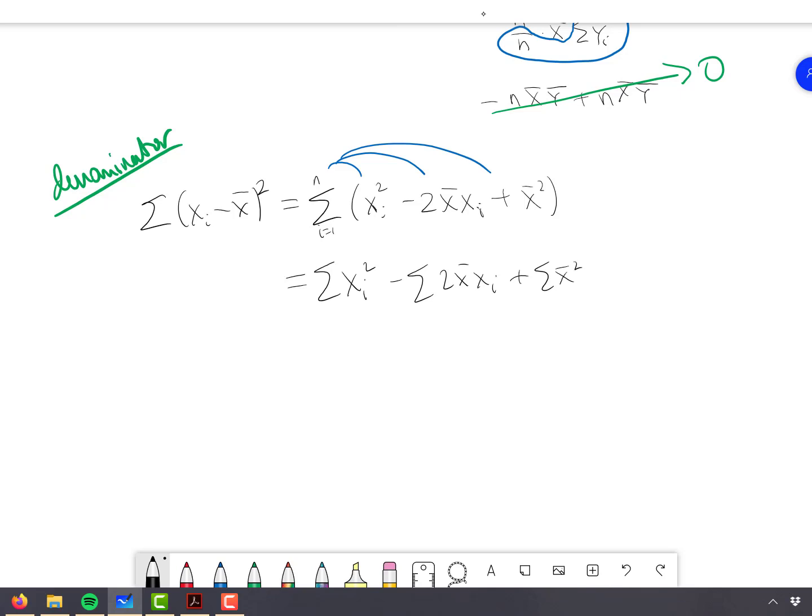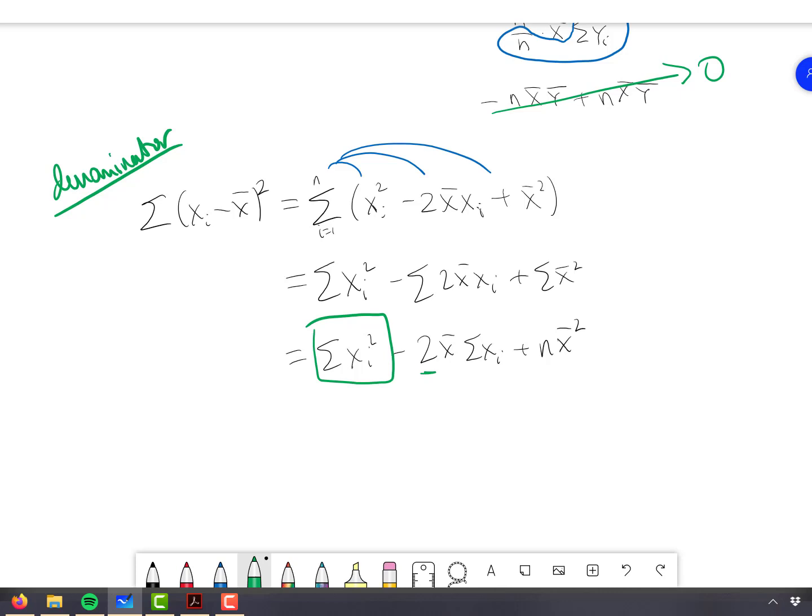Again, we can note that with our constant terms, we can do a little simplifying magic here, where we still have that sum of xi squared. We can put minus 2 x bar, sum of xi, plus n times x bar squared. So what we can note at this stage is that we do have that term, that sum of xi squared, that we want in our solution to beta hat 1 through our solving of that first order partial derivative, but we're still missing that minus x bar sum of xi.